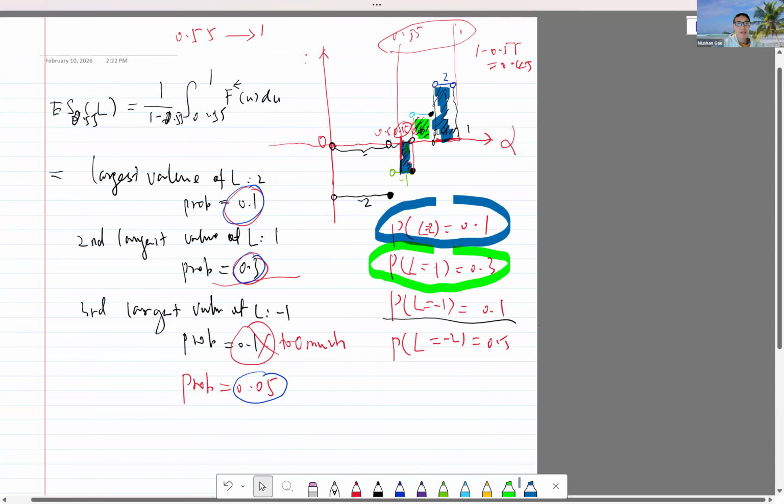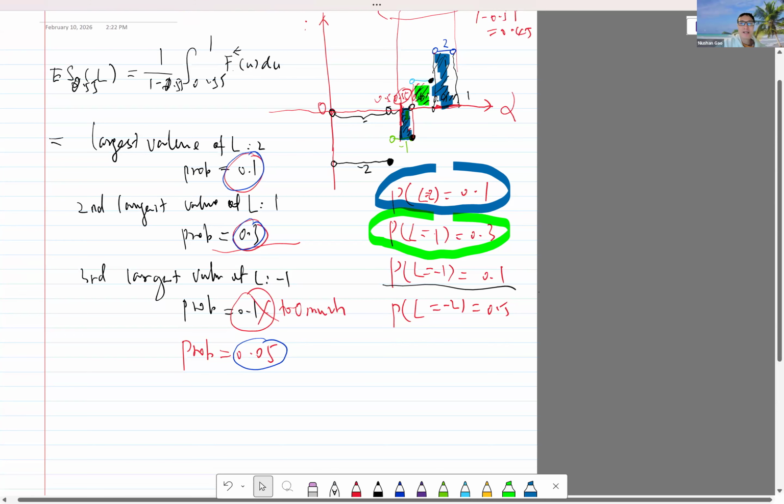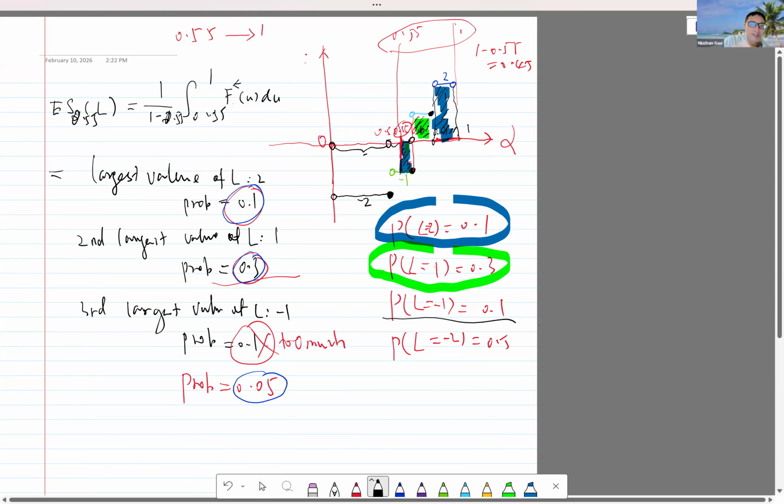So when you compute the expression of L at alpha equals 0.55, you are just looking at the largest values of L, the largest of them, okay? And you want to take an average of them. You're not just looking at one tail, you look at the average. So how do I compute this?